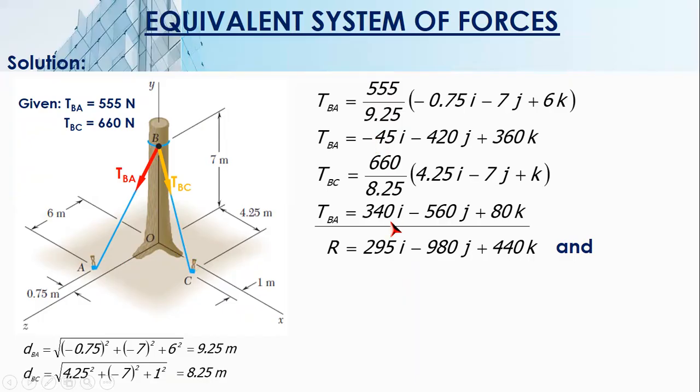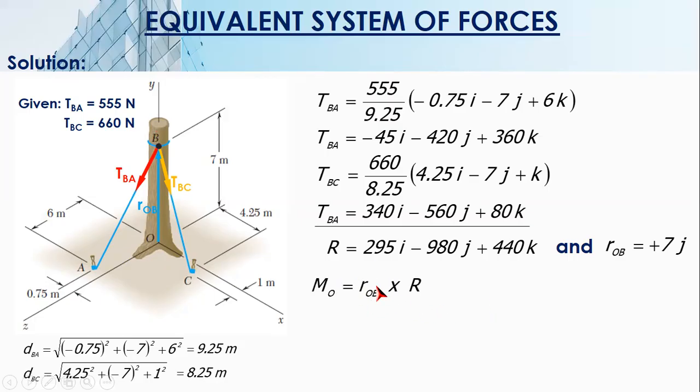340 minus 45 is 295, negative 560, negative 420 makes negative 980, 80 plus 360 is 440. That is the resultant force. And then the position vector: r to B is upward along the y-axis, so r is just positive 7j.